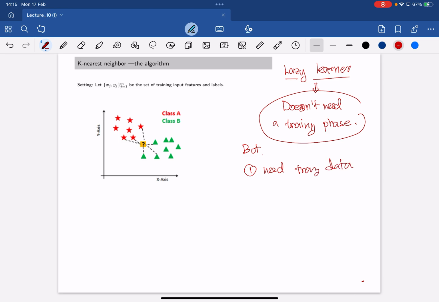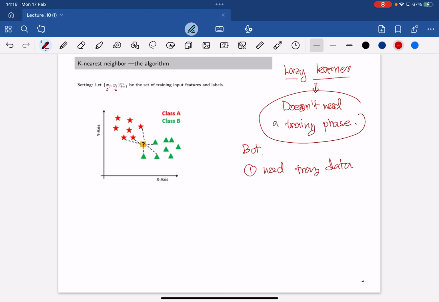And that training data has to come with labels. It's just the training data that we have been using in our previous topics, like if we learn logistic regression, neural network, all of that, or maybe linear regression, we still need both input features and the target.